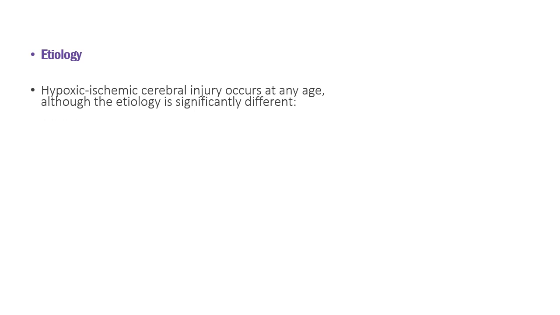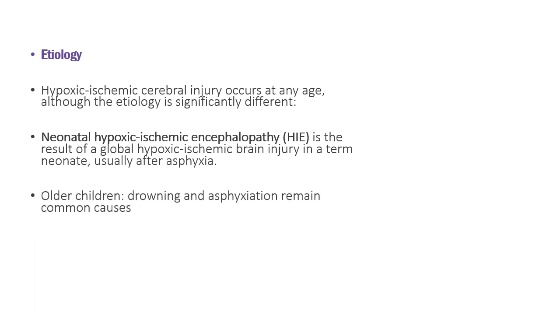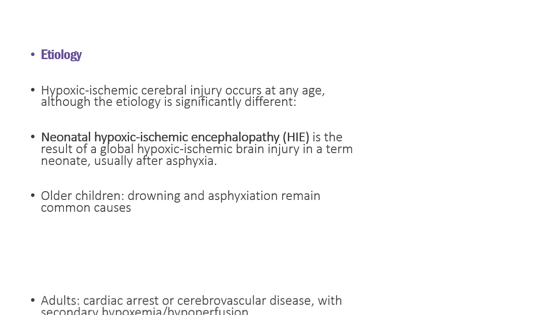So what is the etiology of hypoxic ischemic encephalopathy? Depending on the age, in neonates, it is associated with neonatal asphyxia, whereas in older children, it may be associated with drowning and asphyxiation.